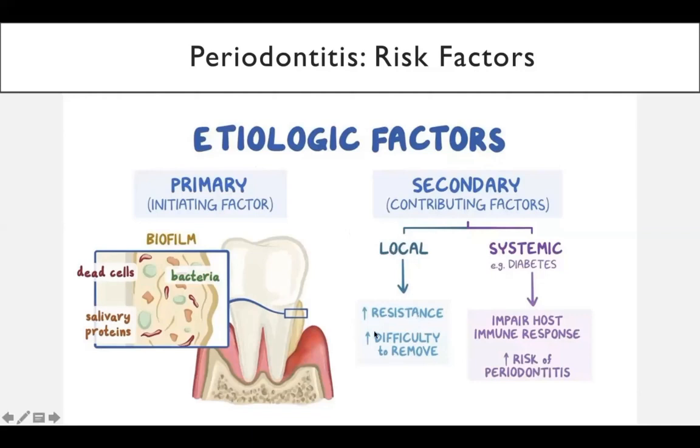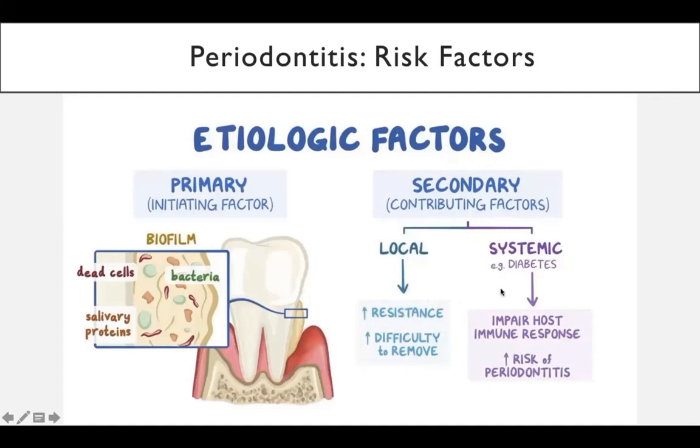So that's why local increased resistance can be in terms of bacteria, and this resistance can be anything. For example, some bacteria show resistance to antibiotics, the resistance of the patient itself, or the resistance of the substance to be removed.